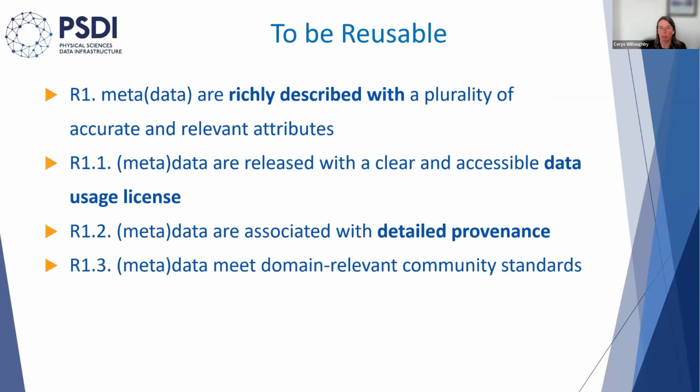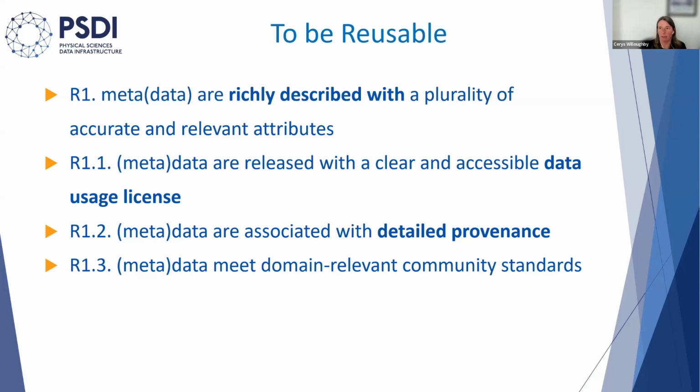And then finally, to be reusable, we need to know what the data is, where it's come from, what does it mean. But it's also important that we have a license so we understand whether we can use it. If you put a spreadsheet up on the internet or any kind of data file and it doesn't have a license, nobody can use it because it's not telling them what they can do. So it's important that license is there and it explains what can and can't be done with that data.